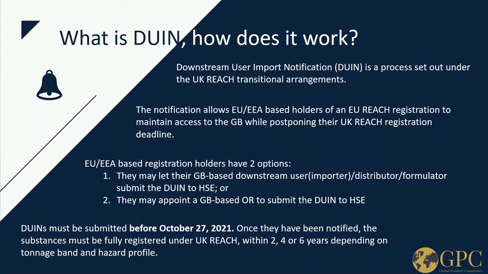They may either let their GB-based downstream user, who is now an importer, submit the DUIN to HSE, or they may appoint an OR to submit the DUIN. The DUIN must be submitted before October 27, 2021, so this year. And once they have been notified, the substances must be fully registered, as I just mentioned, within 2, 4, or 6 years. We're going to get into more detail in a few slides on how this works with the postponement.